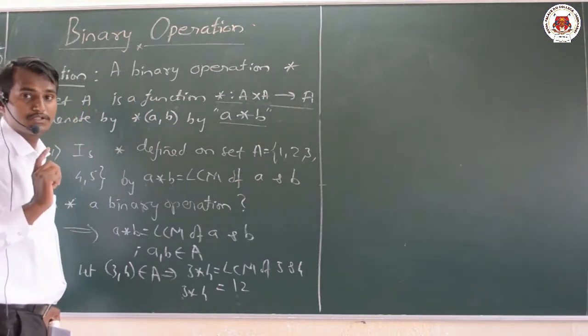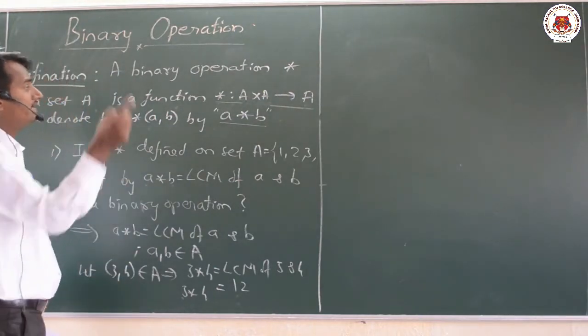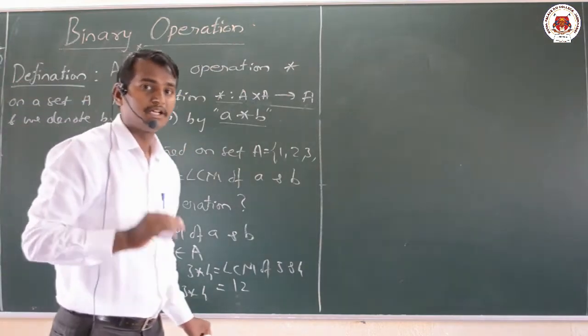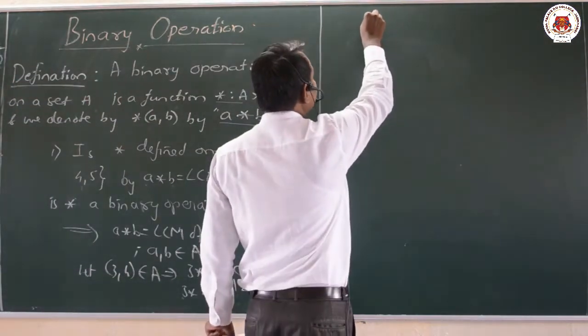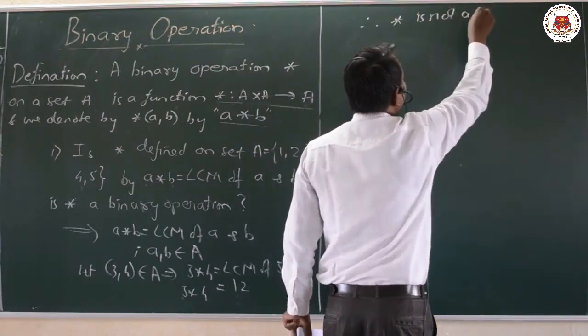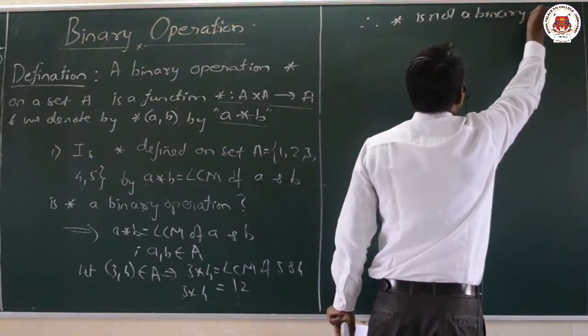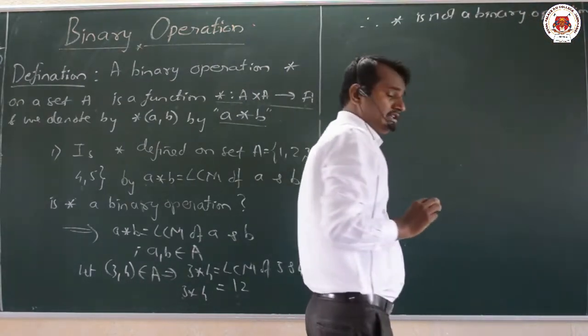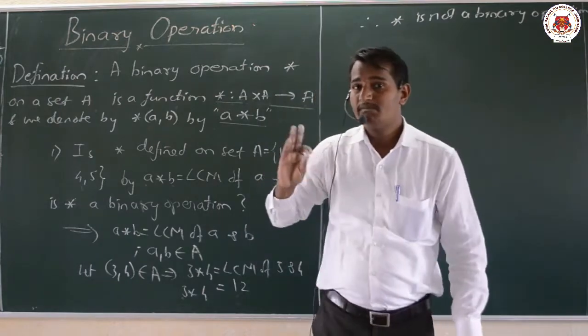It does not belong. That means it violates the definition of our binary operation. Therefore star is not a binary operation. It is an example to show that it is not a binary operation.